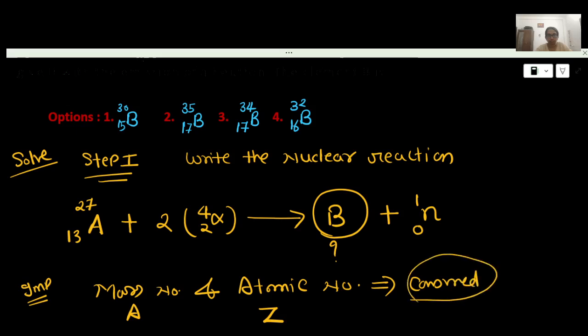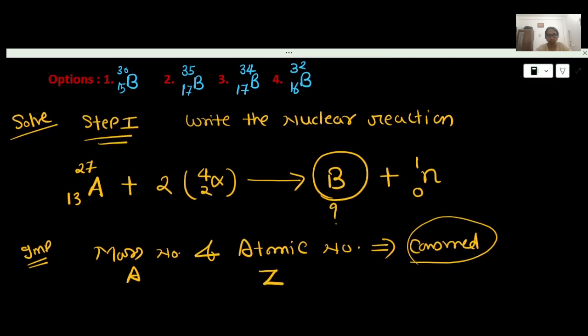It should be conserved, right? Atomic number and mass number. Now we balance the mass number. In step two, we balance the mass number. Mass number means A.